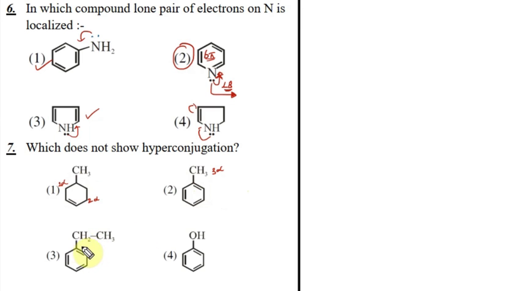Ethyl benzene we saw in the previous hyperconjugation lecture, 2 alpha hydrogens, whereas this one cannot show proper hyperconjugation because there is no way this bond is going to be broken and you get a plus charge on the oxygen; the minus charge will not come here. So this is not going to show hyperconjugation.